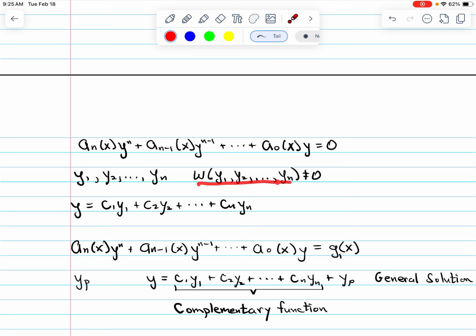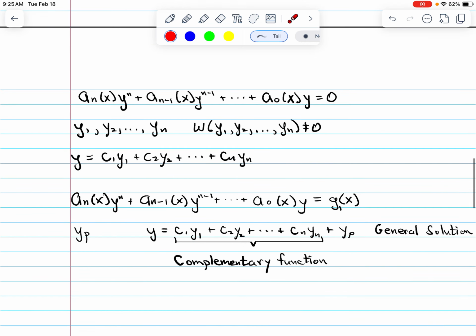And the Wronskian is not 0. So these form a fundamental set of solutions. And we say the general solution is this right here for that homogeneous differential equation. Okay? Let's suppose this is something that we know. Now let's suppose that we have the non-homogeneous part.